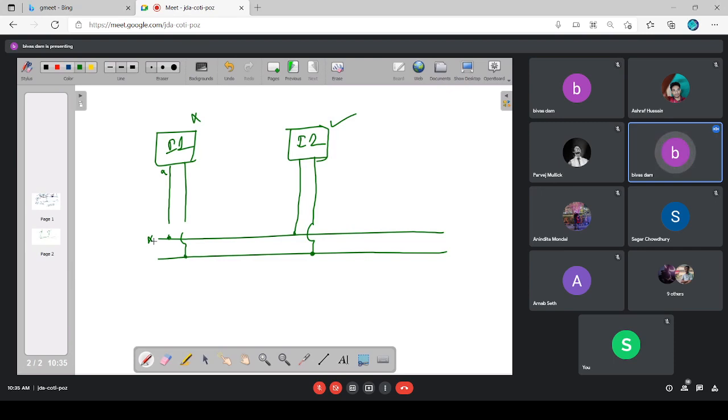So the output is totem pole type of TTL output. Normally it will have only logic 0 and logic 1 output states. But here I have another requirement: there should be one third possible state apart from the logic 0 state and the logic 1 state.